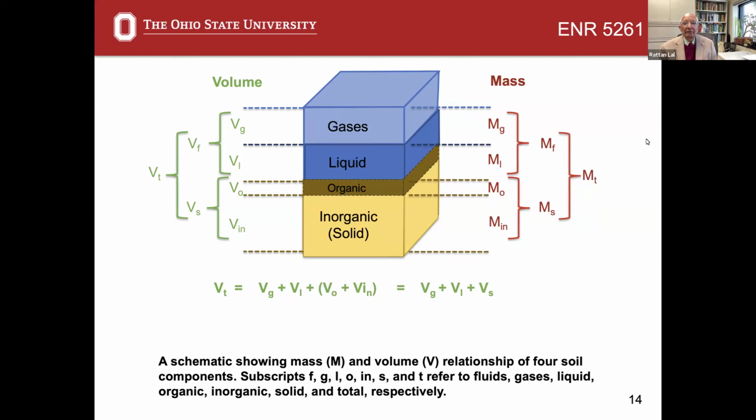So this is a schematic which shows the mass and volume of different components and phases and how they change by management, by human activities, and by natural processes. Studying these volumes and their change and their dynamics is what soil physics is.